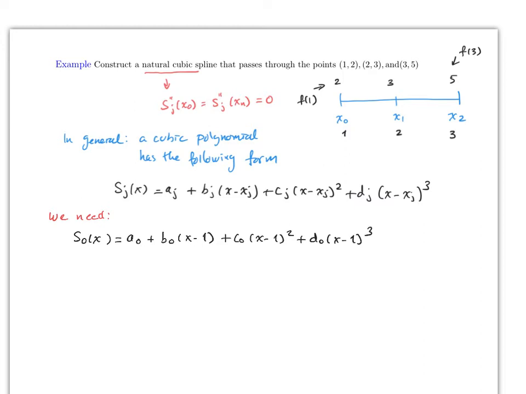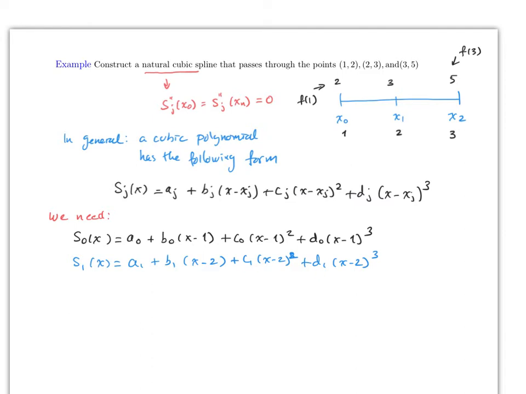And we also need s1, which you just replace the 0 with the 1, but now this will be x minus 2 instead of x minus 1. Okay, so in essence, you have 4 variables for this one that you need to figure out, and this one also 4.